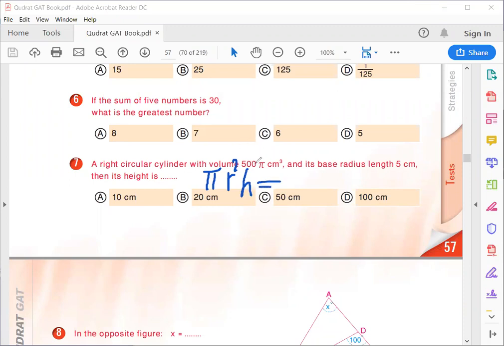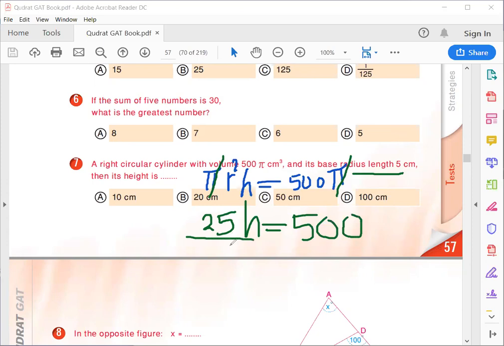It equals the same value that is given, 500π, right? Then you simplify between π and π. He said the radius is 5 also. I substitute 5 squared, which is 25H, equals 500.